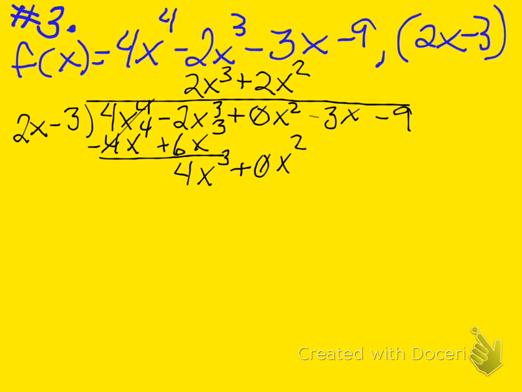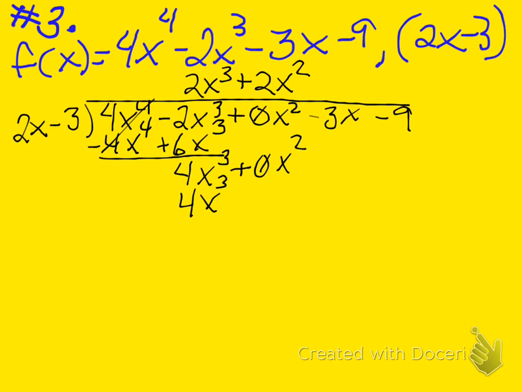I'm going to distribute. So 2x squared times 2x, of course, gives me my 4x cubed.